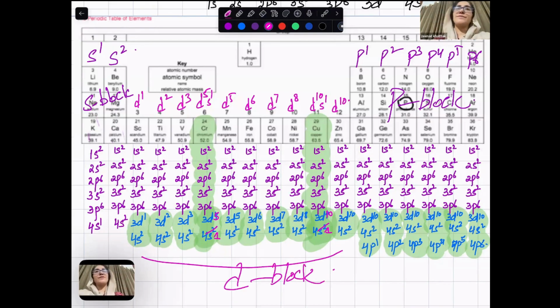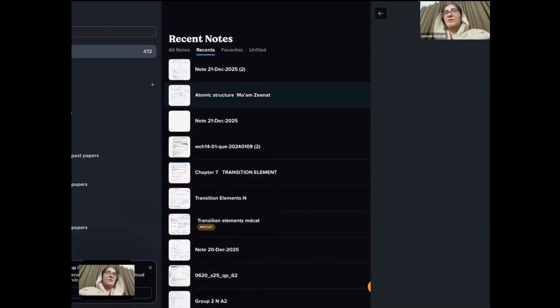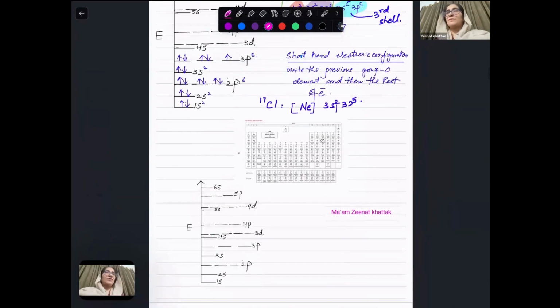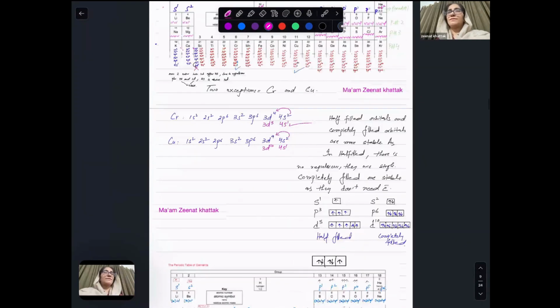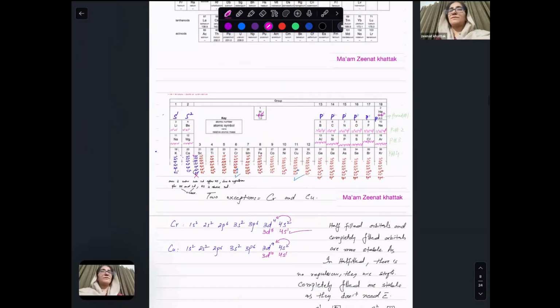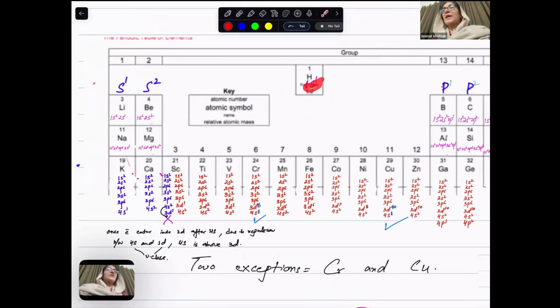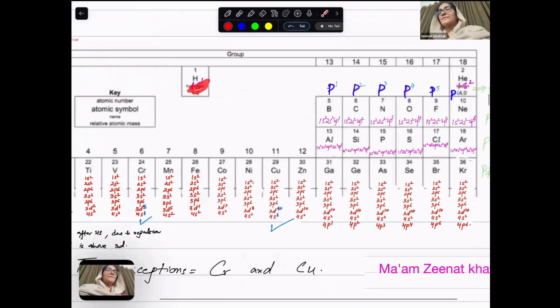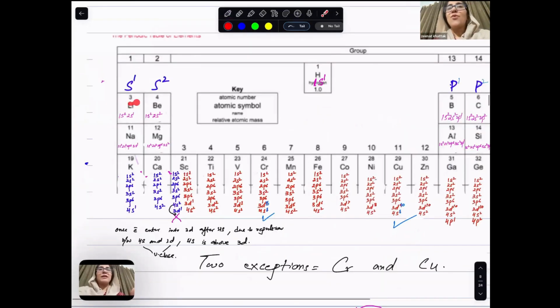If I share these notes with you, look. Hydrogen is what? 1s1. Helium has 2 electrons, 1s2. Then lithium, 3: 1s2, 2s1. Then 1s2, 2s2.